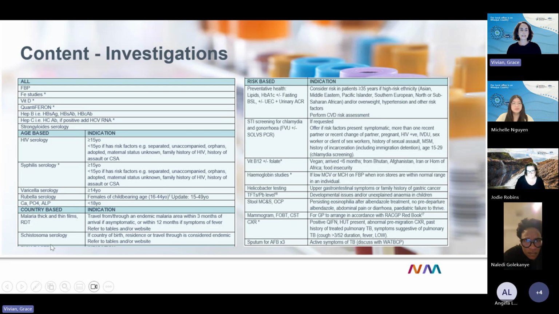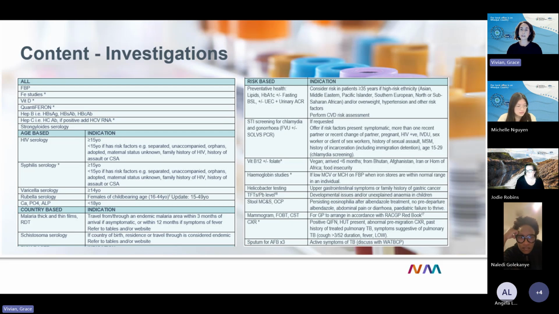Our third group on the left is based on where a person comes from or has transited through. I'll show you a table on the next page that helps with this. On the right are our risk-based investigations. So from the top, the first row there is really just what we would do in general practice for the standard patient who comes in, who wants a checkup or requests checkup bloods.